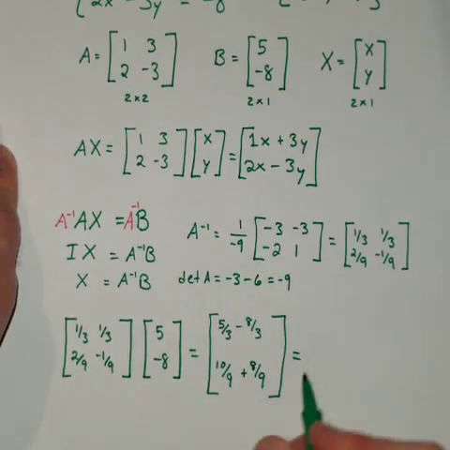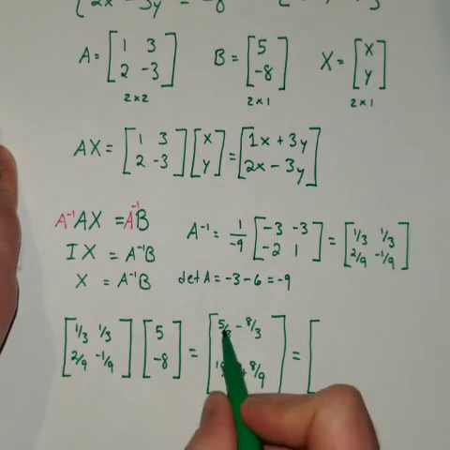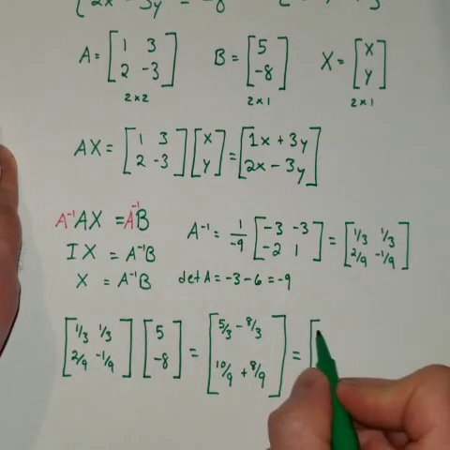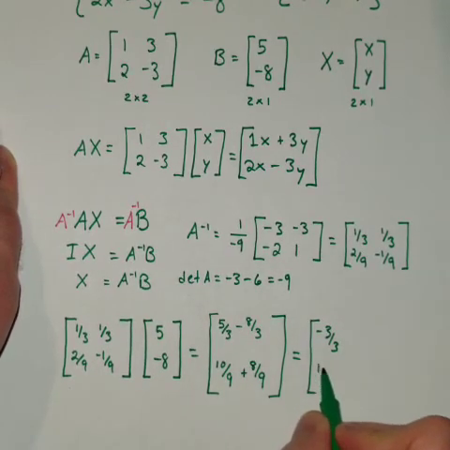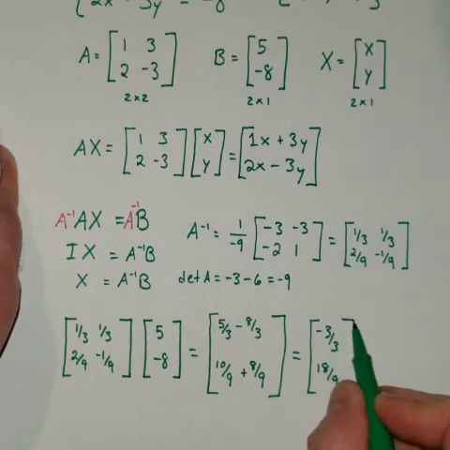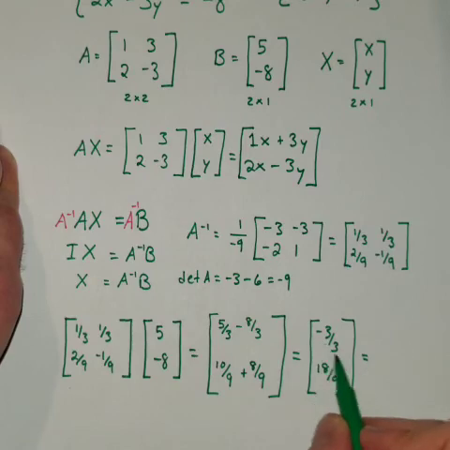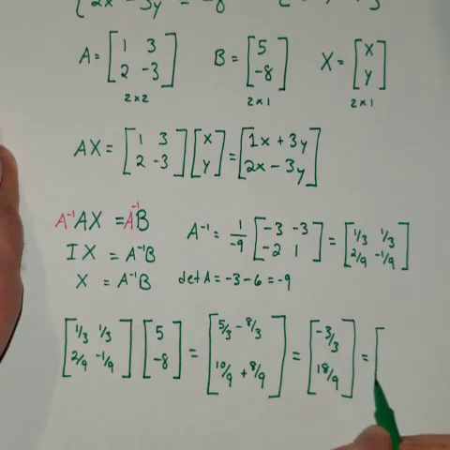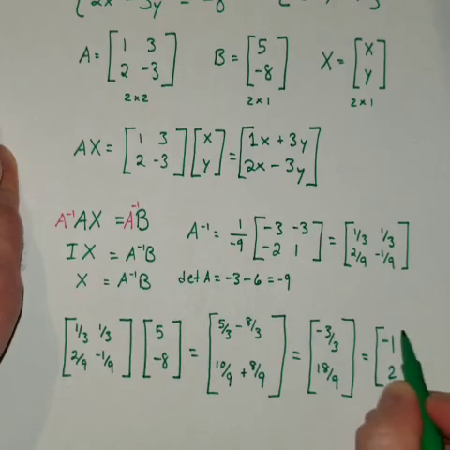And when I simplify these, 5 minus 8 is -3. 10 plus 8 is 18. And one final simplifying step. -3/3 is -1. And 18/9 is 2.